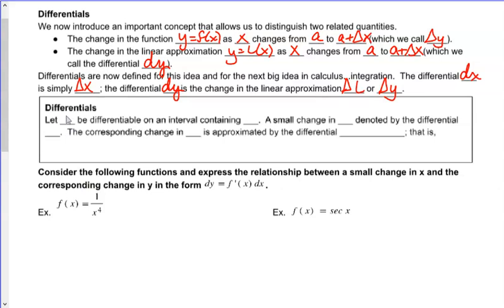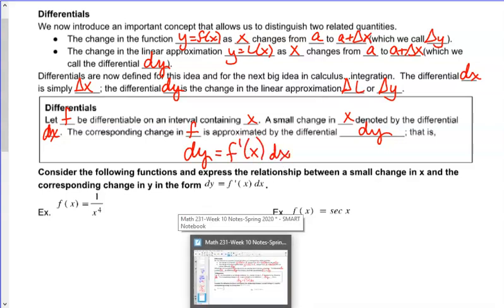So here's our definition, and it's a pretty easy concept once you get the definition. Let f be differentiable on an interval containing x. A small change in x is denoted by the differential dx, and the corresponding change in f is approximated by the differential dy. Now, that dy is defined to be f prime of x times dx.